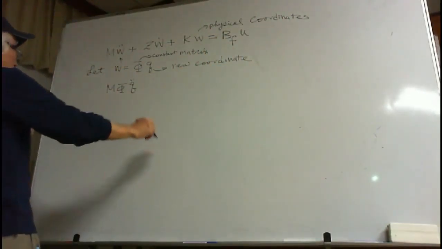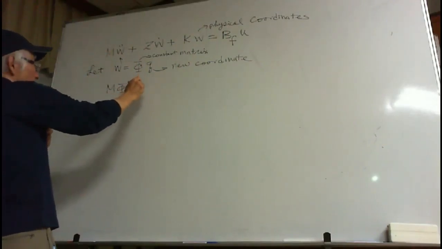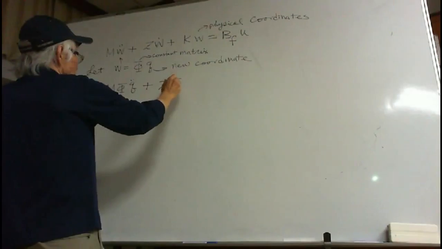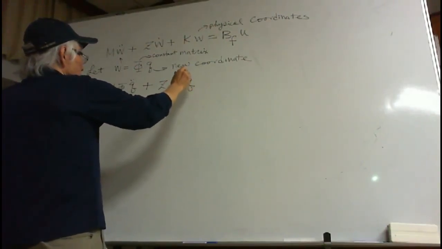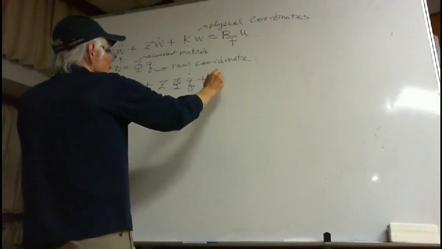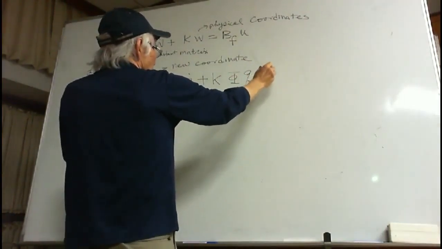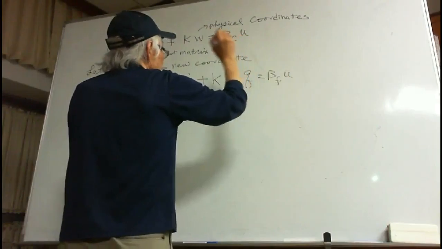Right. Then if we substitute this into there, I can write down M Φ q double dot plus K Φ q equal to B f u.